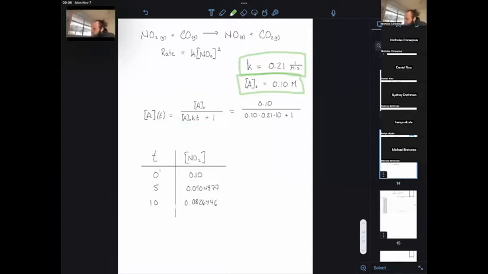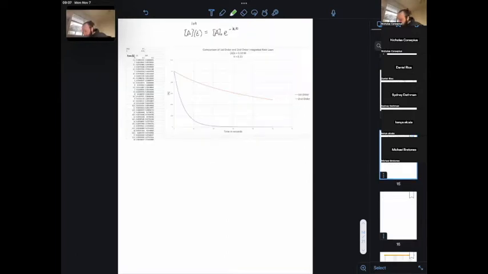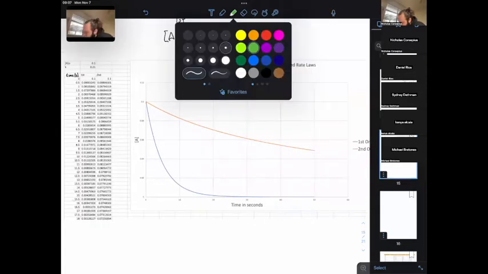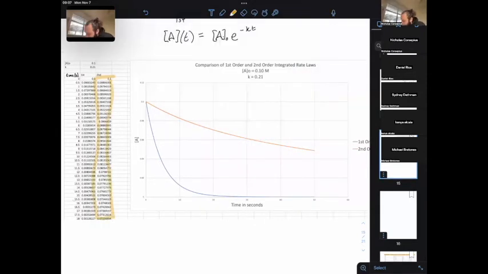So at T equals 0, it's just that initial concentration of A. And then I can figure out what happens to the concentration of A at each point in the future. All right, and so then what I did was I just put this into an Excel spreadsheet at a bunch of different time points, and I get what happens to the concentration of A over time, and I get this little curve here where I see my reactant being consumed.